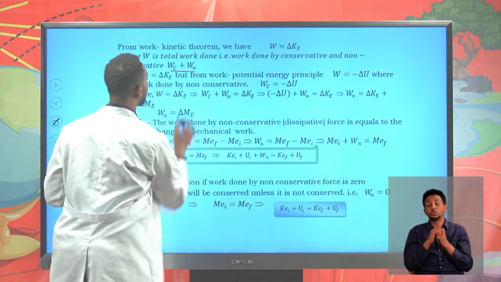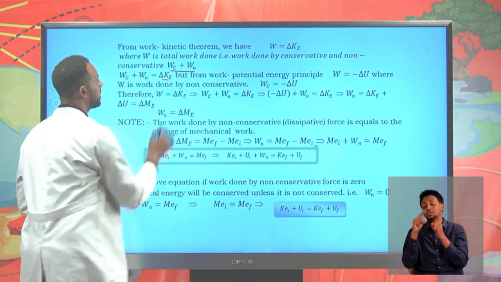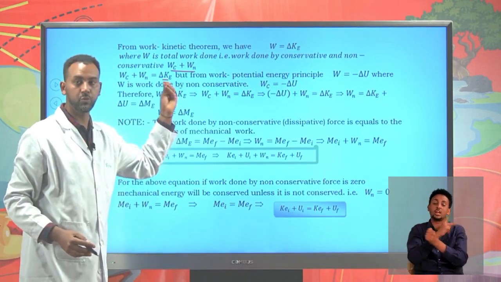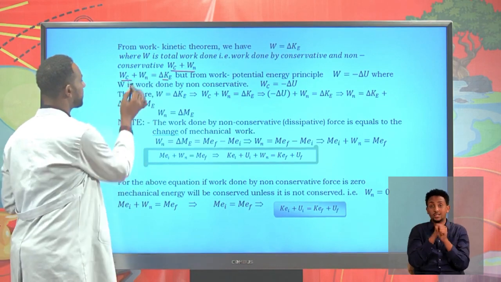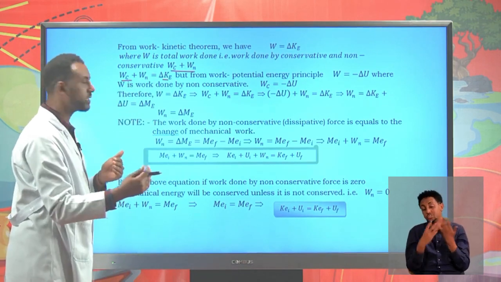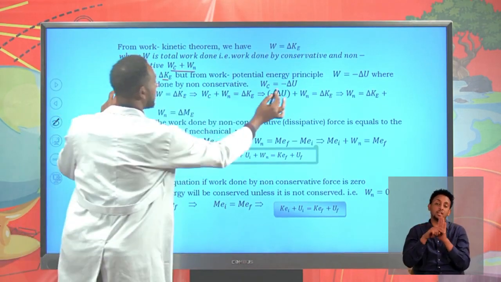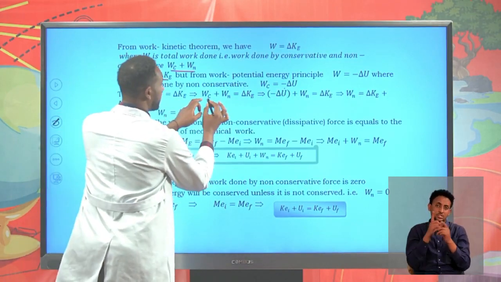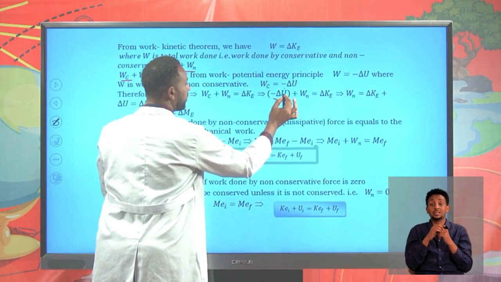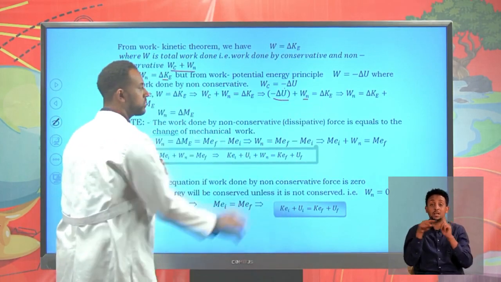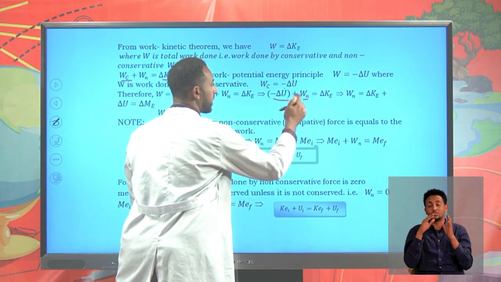Here, work done by conservative and non-conservative forces is generally changing kinetic energy, from the Work-Energy Theorem. Therefore, when you substitute the work done by conservative forces, like gravitational and elastic forces, as the negative of change in potential energy, you can substitute here. Okay? Then negative of change in potential energy plus work done by non-conservative forces is equal to the change of kinetic energy.